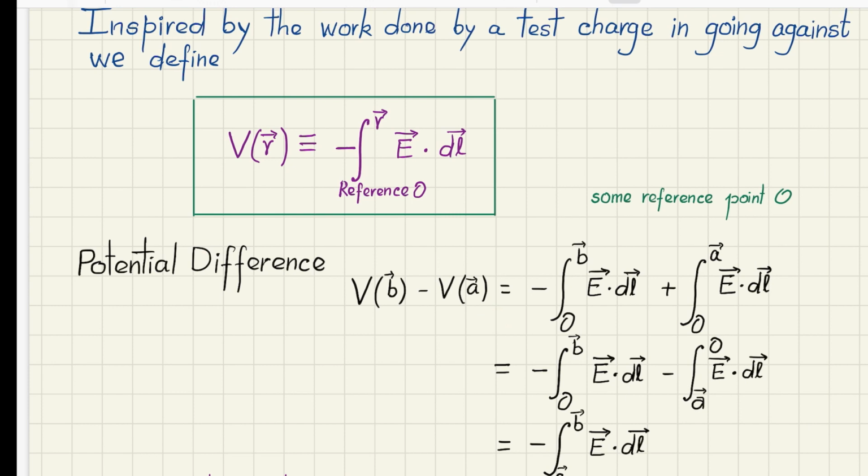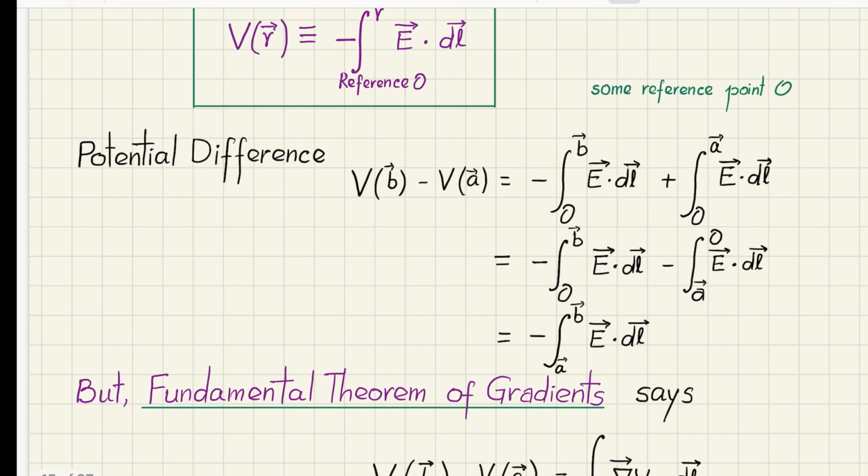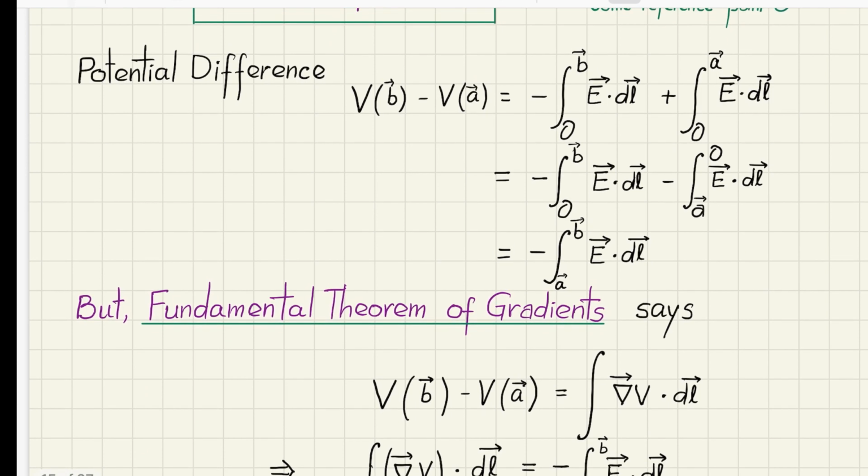So the fundamental theorem we will now invoke. What it says is, if the integral is path independent, this must be the integral of grad V dot dl. That is what the fundamental theorem has told us. And hence I'll see that grad V dot dl is nothing but minus E dot dl.